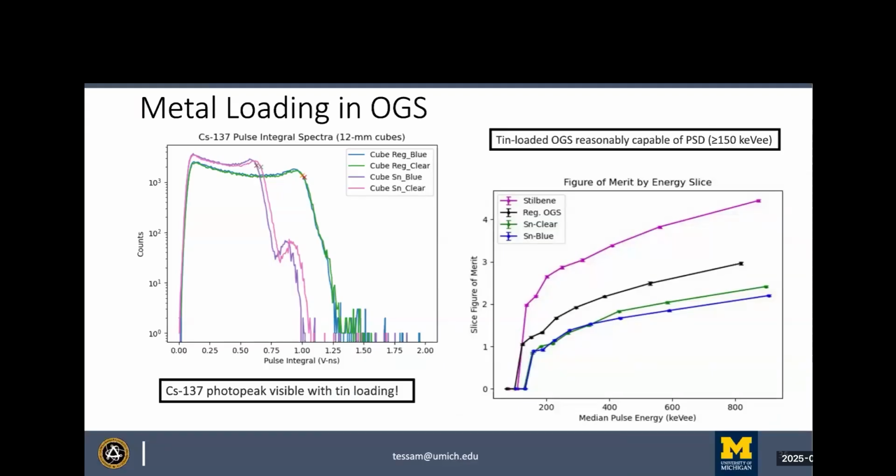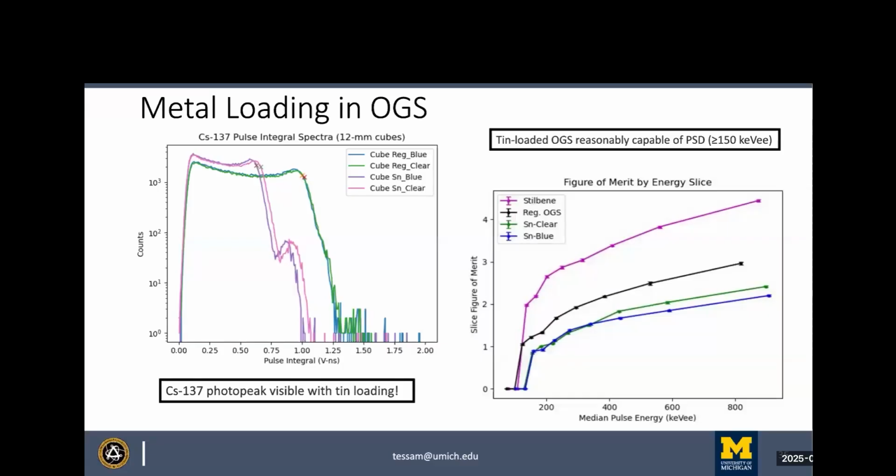These are some plots that I made based on my own research with the tin-loaded organic glass. Over on the left, you can see 4 12mm cubes, two regular, 2 tin-loaded, and one of each of those cast in our clear Sylgard 184 mold or our blue Mold Star mold.